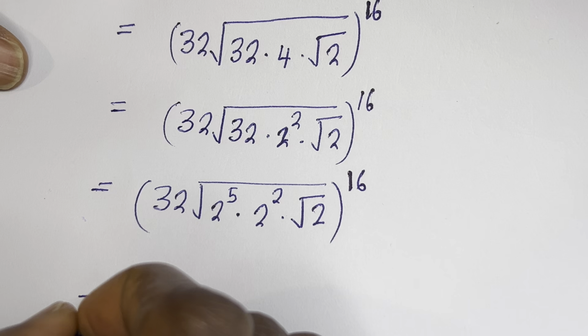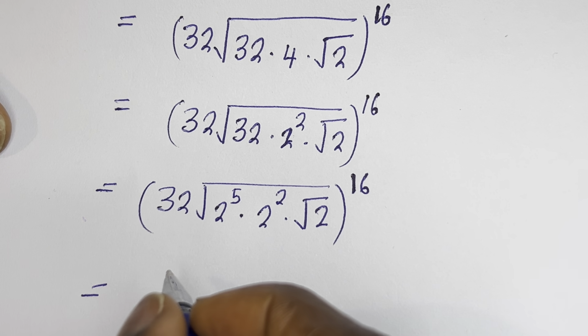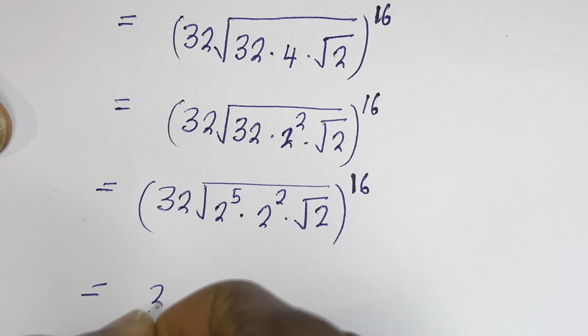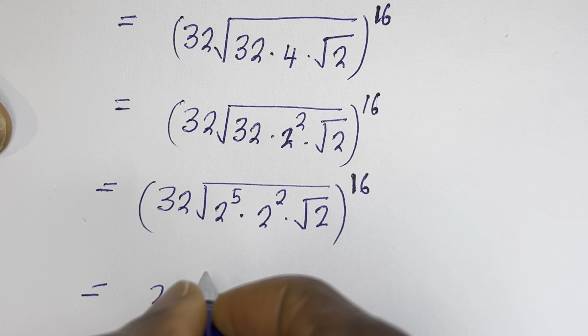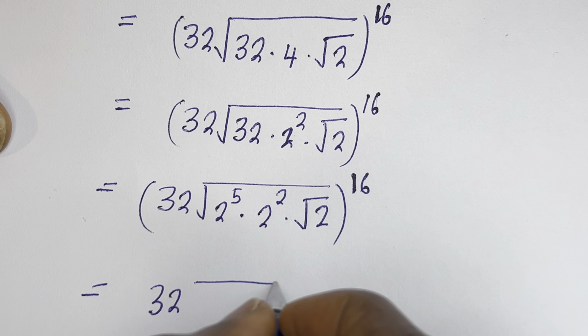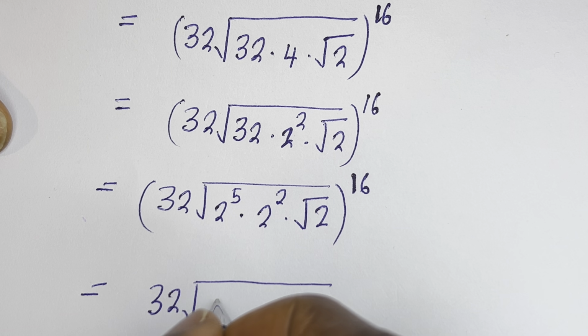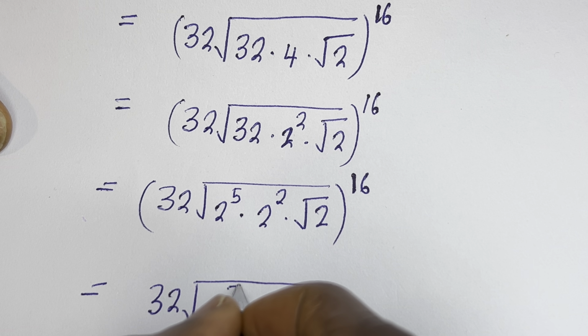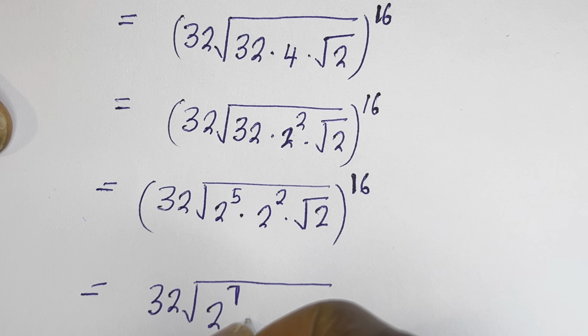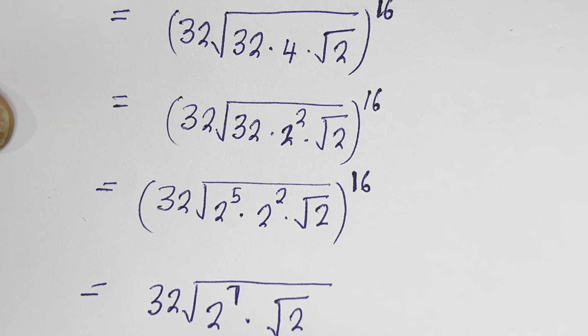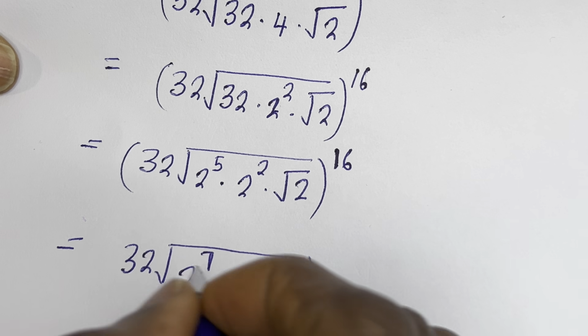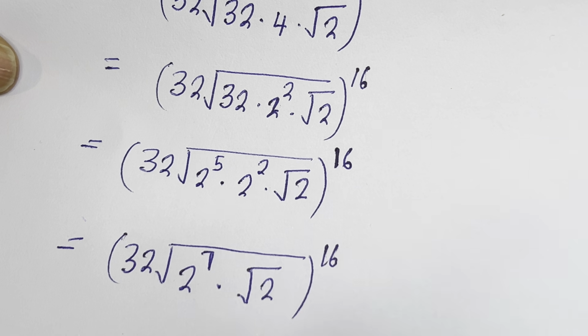Now this is equal to 32, then square root of, here with the same base can be written as 2 to the power of 7 multiplied by square root of 2, all to the power of 16.